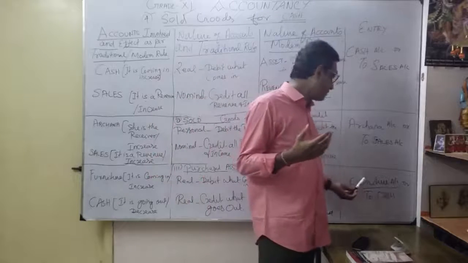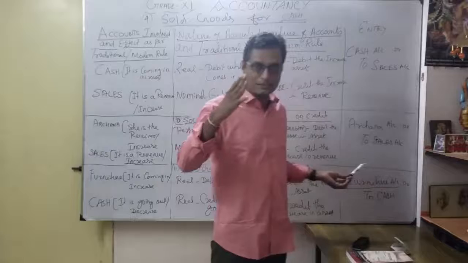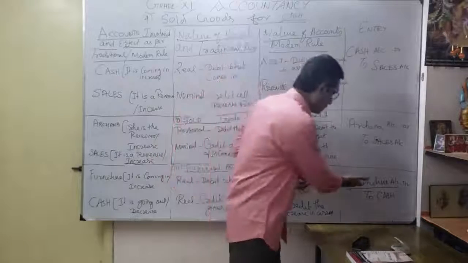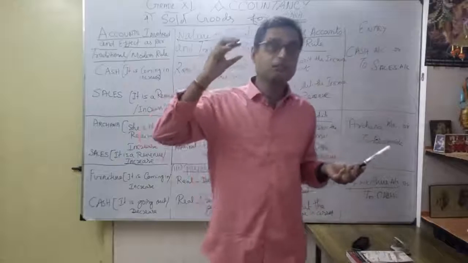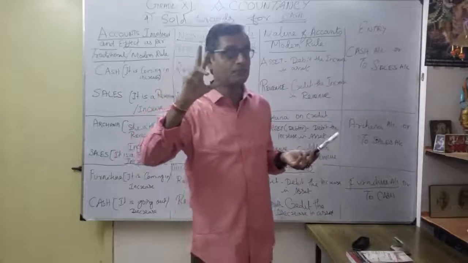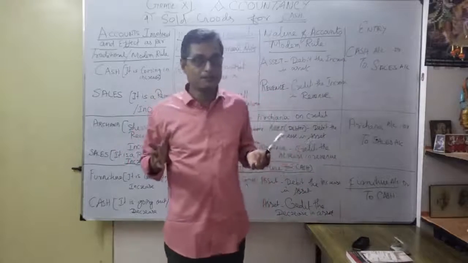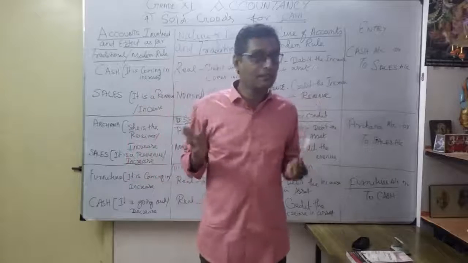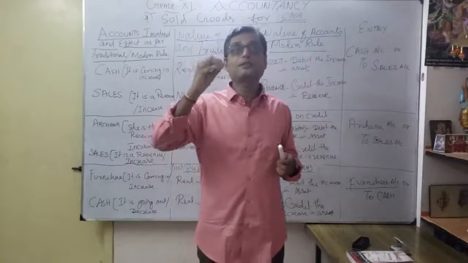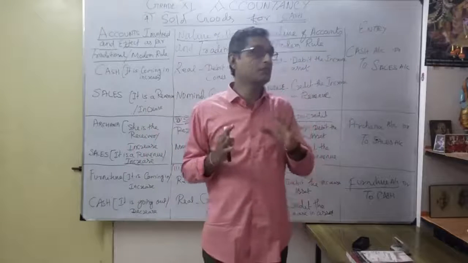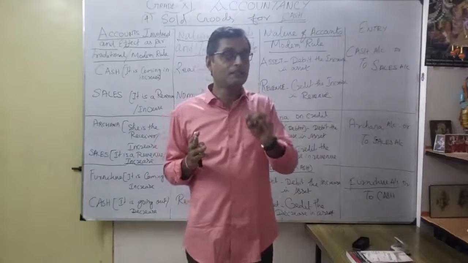Any asset purchase, you debit the asset name. Whenever goods are purchased, you debit purchases. That is the main difference you have to identify. Any asset purchased, debit the asset account; any goods purchased, debit the purchases account. It's very important to differentiate between asset purchased and goods purchased.